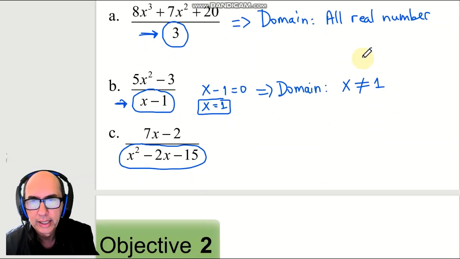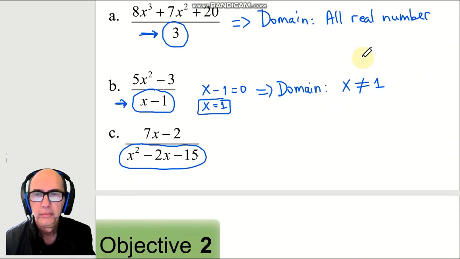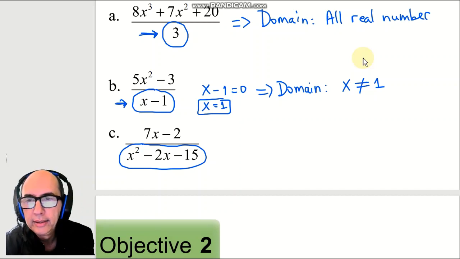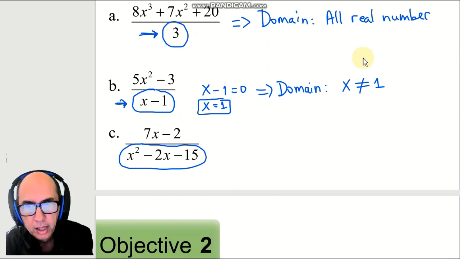Now the last one is a bit trickier because we have x squared minus 2x minus 15, right? And you're going to remember that quadratic equations usually have two solutions. What are the numbers that will make this denominator equal to 0? So write down x squared minus 2x minus 15 equals 0.